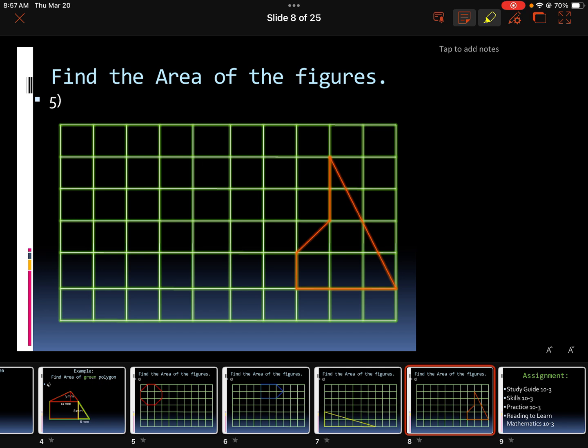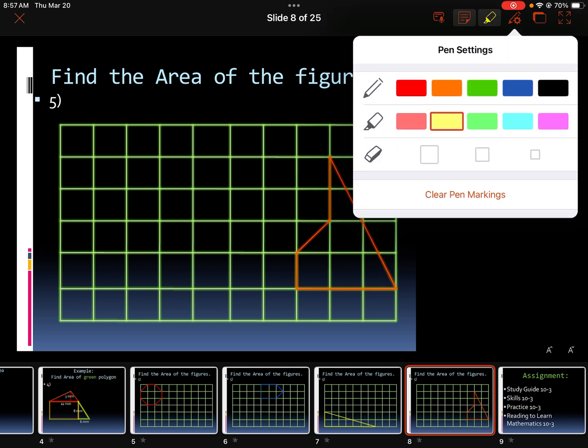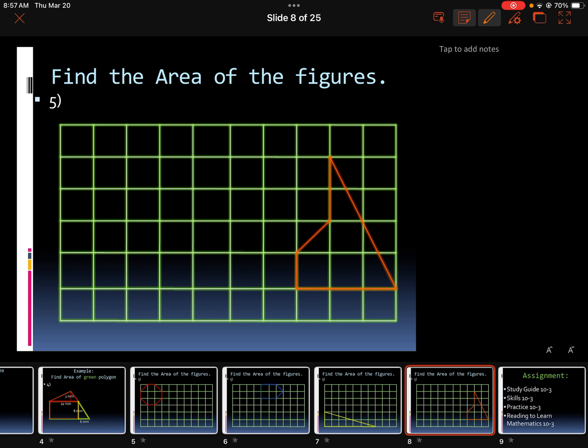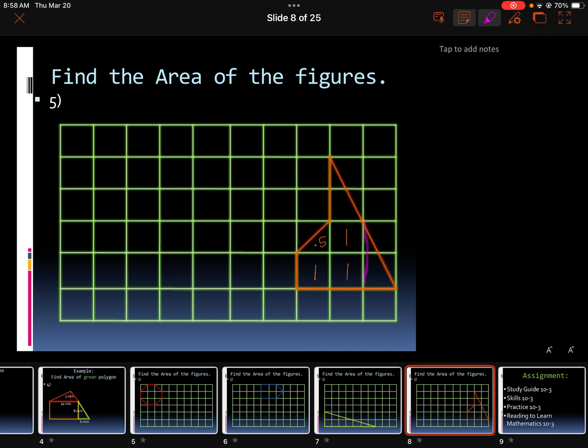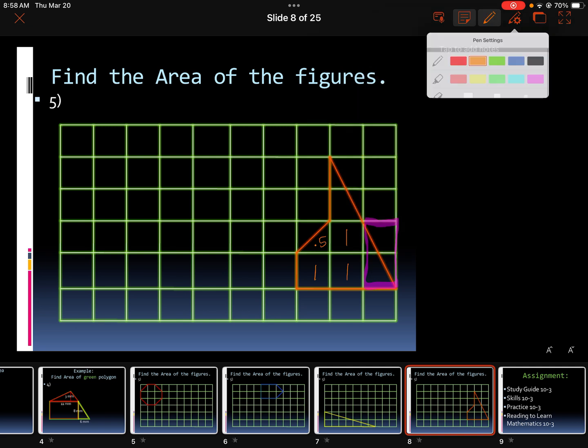Okay, so we'll try that same concept here with this orange shape. I have 1, 2, 3 full blocks. I do have this half block, so I'll put a 0.5 there. Let's talk about these other guys. Let's use that strategy we just talked about. I'm going to make a magenta rectangle that has an area of 2.